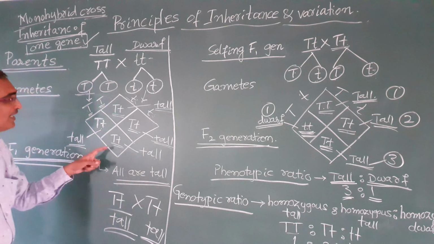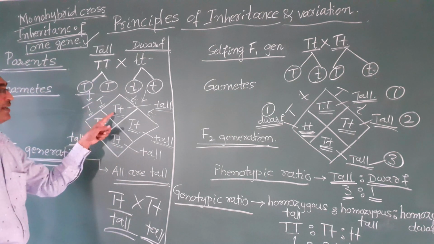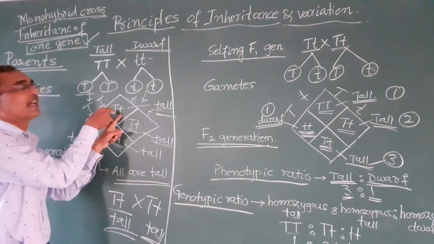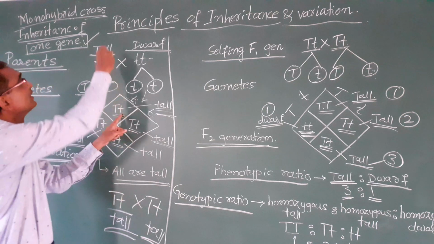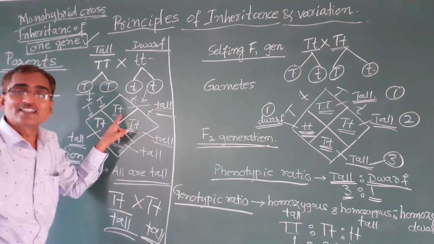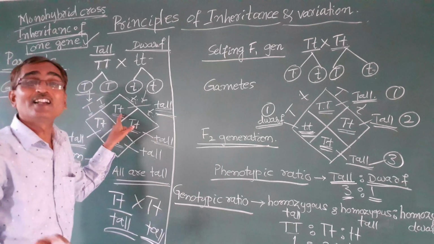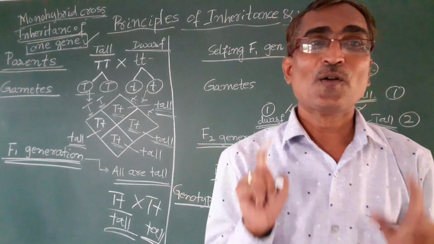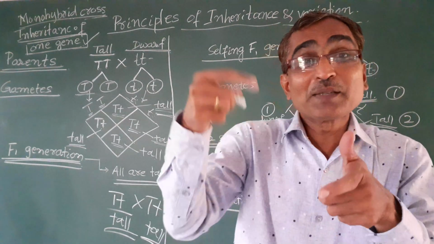And you see here, this capital T and small t is a tall plant because capital T is dominant. This tall capital T is dominant. Yesterday we already discussed what is dominant and what is recessive. Dominant is the character which expresses itself.